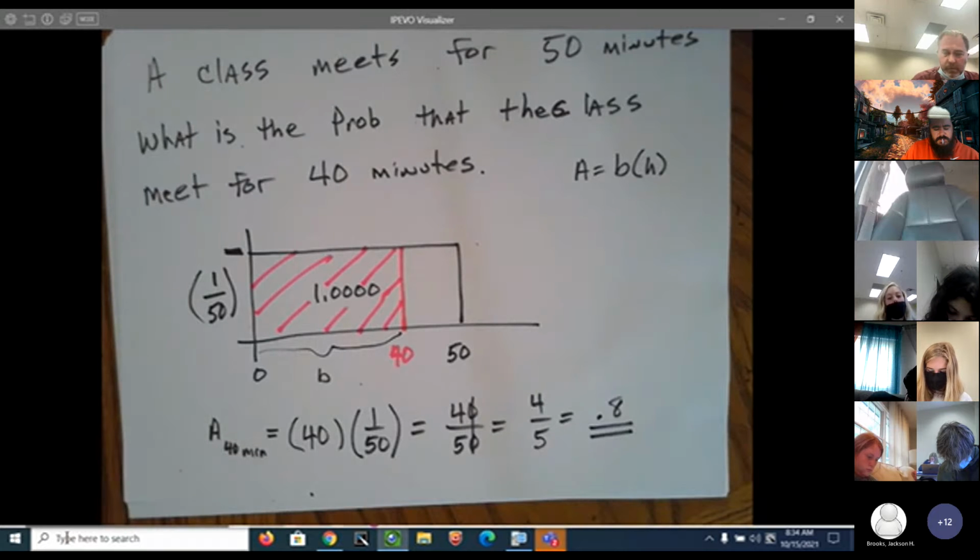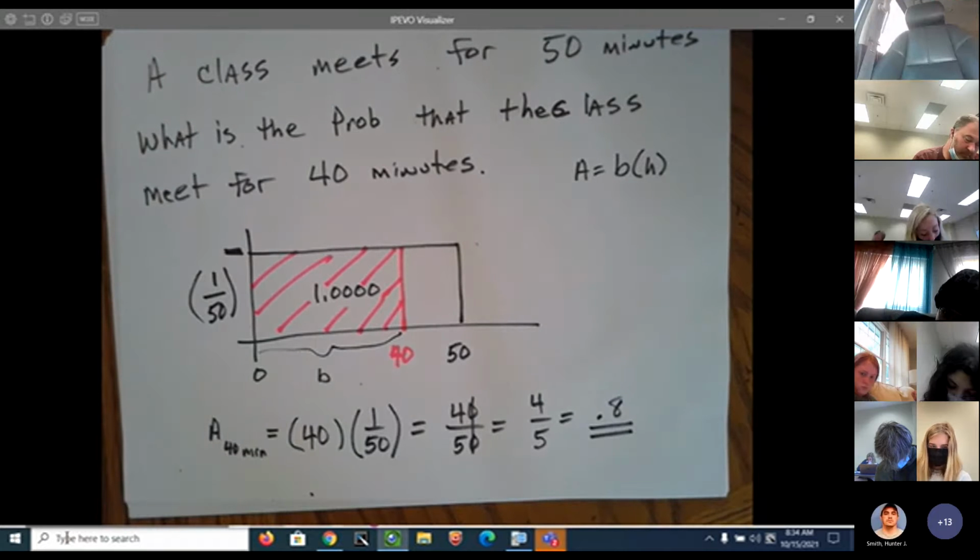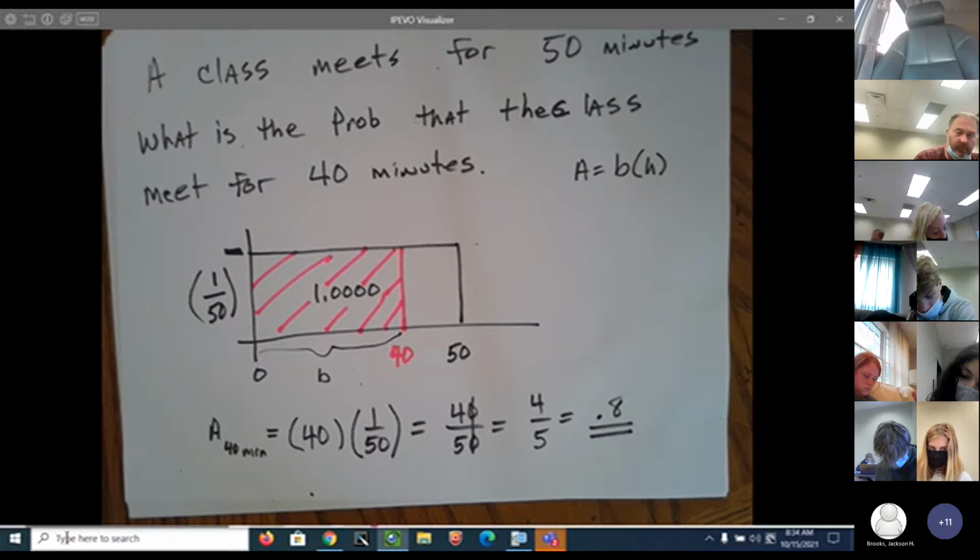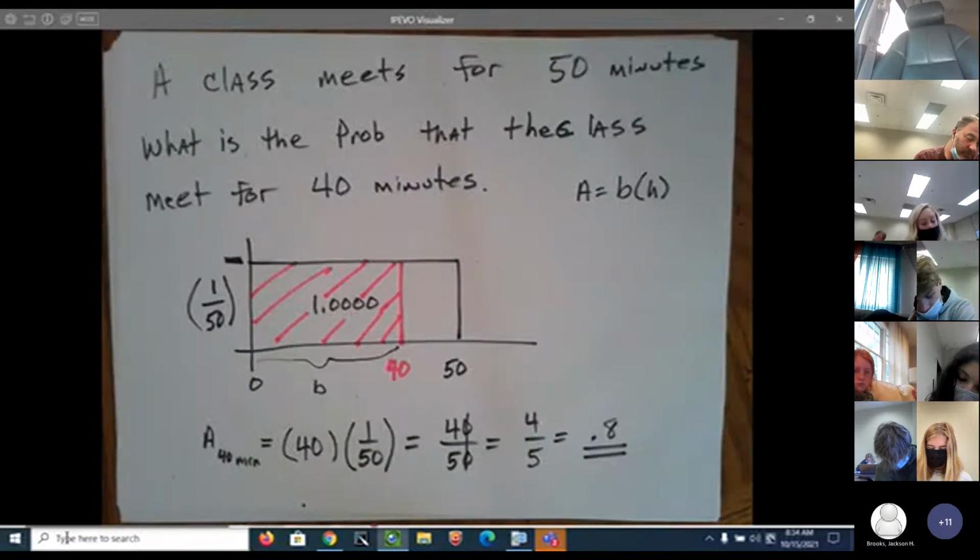So there's an 80% chance that the teacher will cut off at 40 minutes. That's how you do uniform distribution.